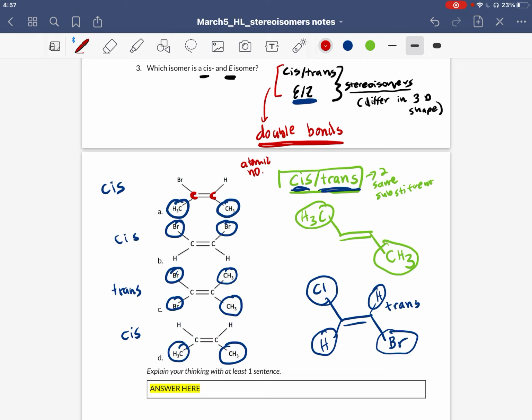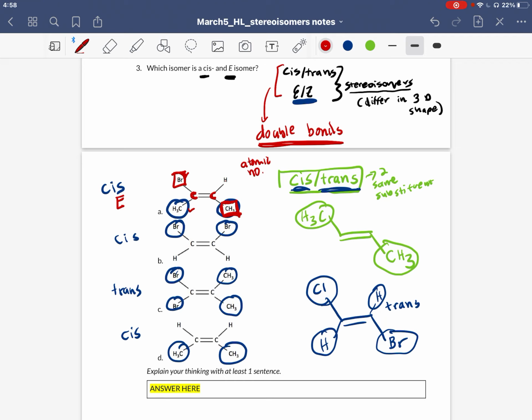Well, I'm going to look at this first carbon and I compare Br and CH3. Br has a higher priority than CH3. I look at my second carbon and I see H and CH3, and carbon has a higher atomic number than hydrogen. So my higher priority groups, according to EZ isomerism, are on opposite sides of the double bond. So I actually have E.